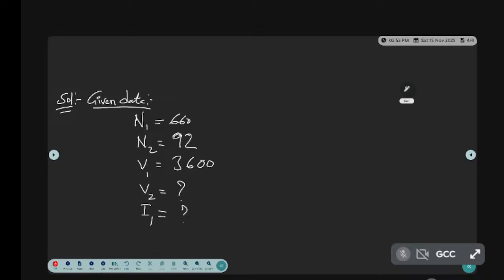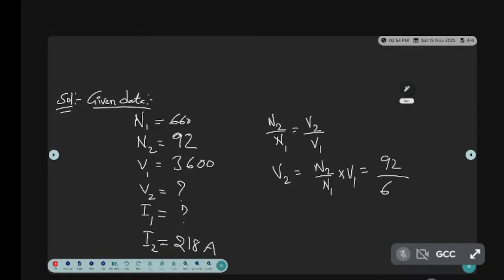Find out I2. N2 by N1 is equal to V2 by V1.